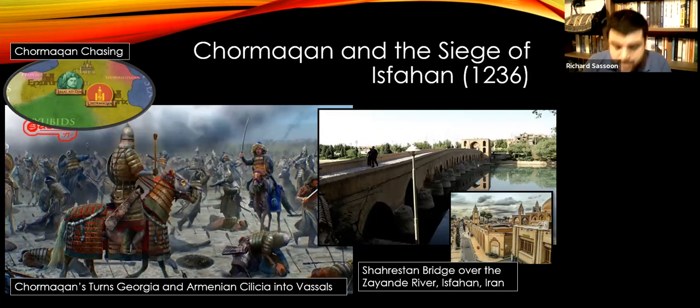He besieges the city and then diverts the river, the Zayandeh Rud, in order to starve the city and cause its capitulation. Of course, after the city capitulates, typical to Mongol form, there is a mass slaughter of the inhabitants.